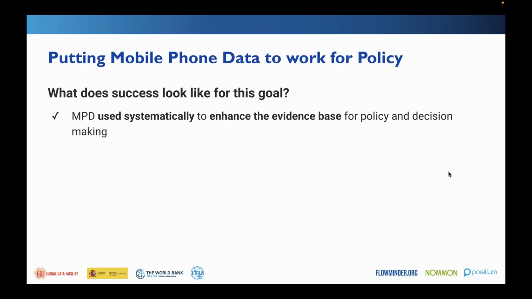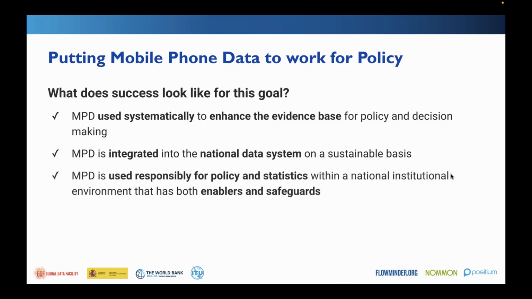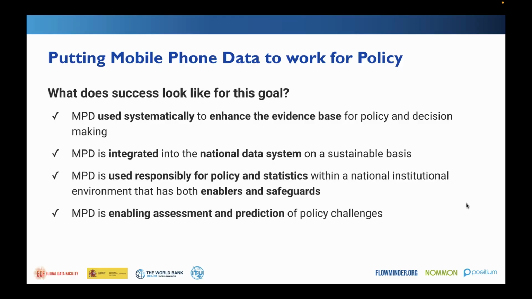These include that mobile phone data is used systematically and enhances the evidence base for policy and decision making, that mobile phone data is integrated into the national data ecosystem on a sustainable basis, that mobile phone data is used responsibly for policy and statistics within a national institutional environment that has both enablers and safeguards, and that mobile phone data is enabling assessment and prediction of policy challenges. Also, that mobile phone data's users can monitor real-time progress of the SDGs.